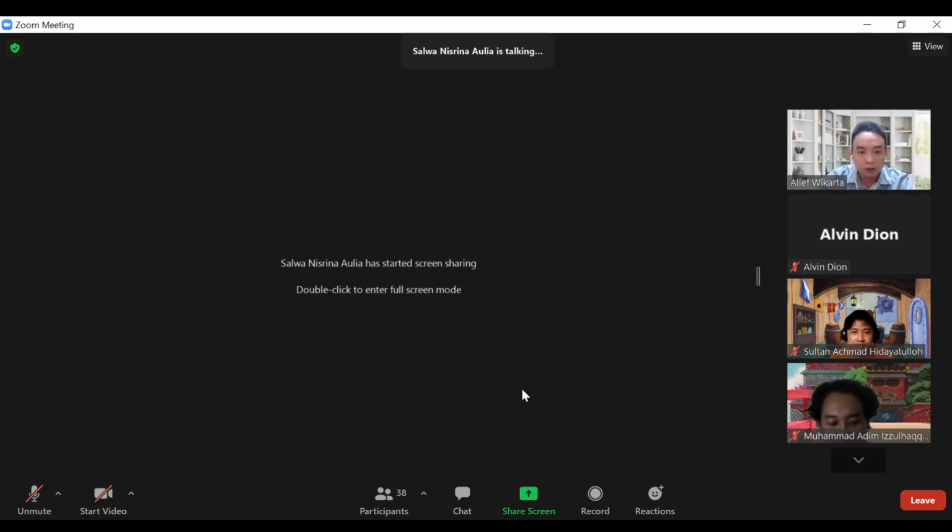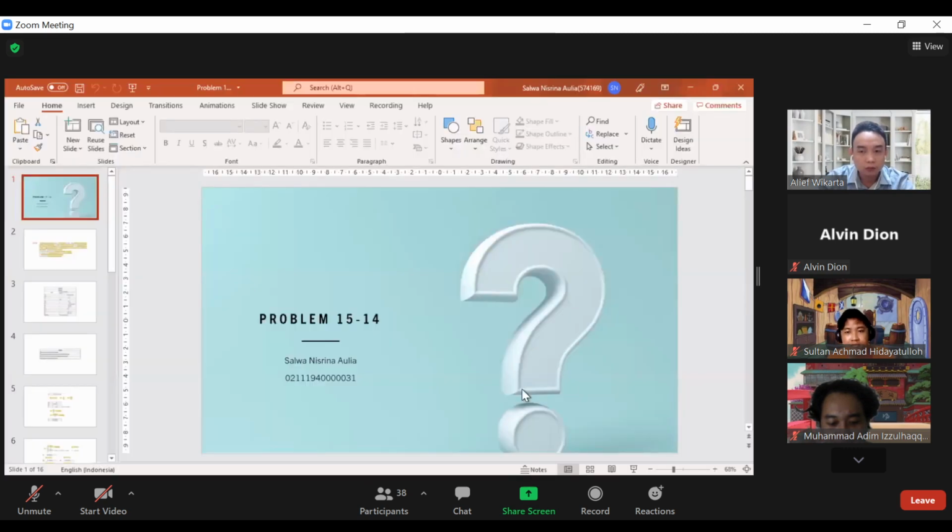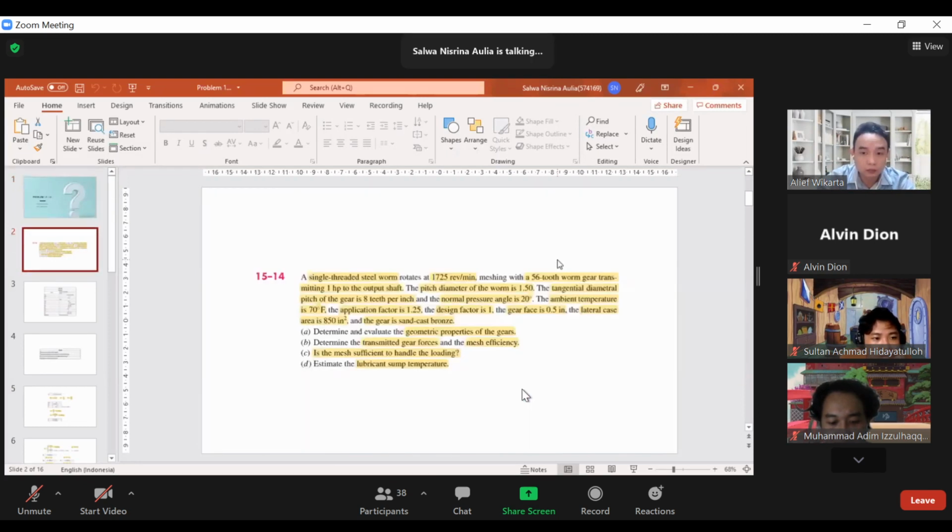Okay. I will discuss problem 5040. From the problem, we know that this is a single thread steel worm that rotates and meshes with the gear.